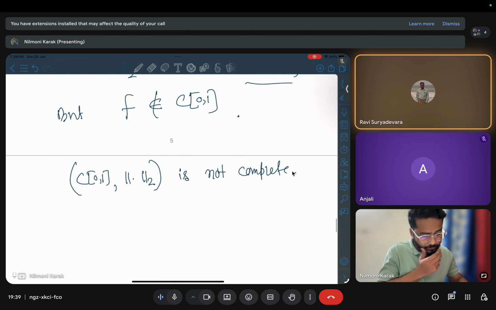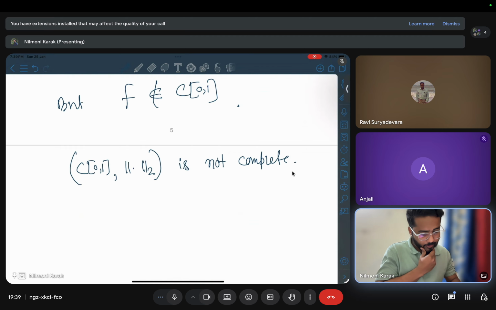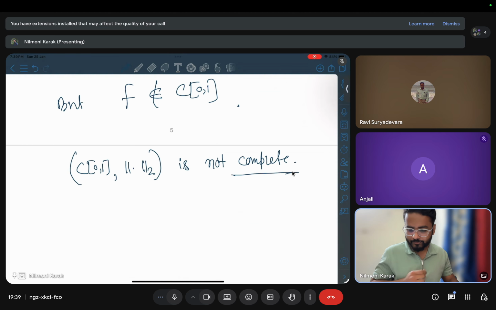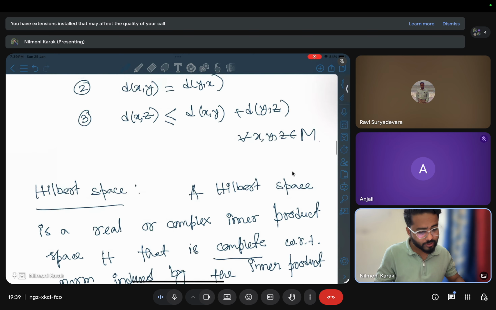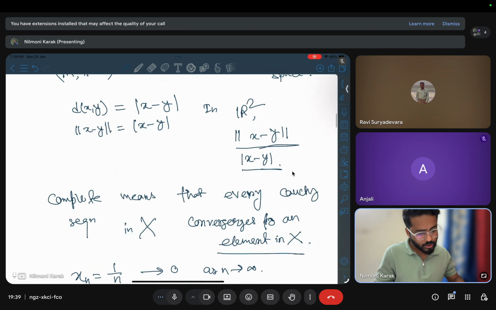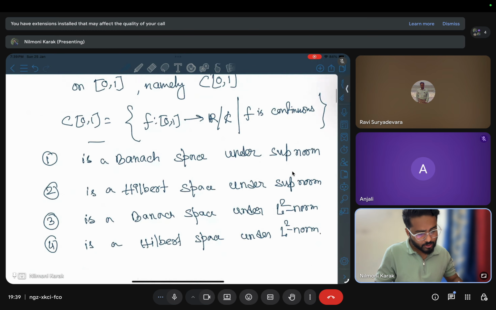So now, C01 with respect to the L2 norm is not complete. Also a first question, Anjali. This is the question from assignment 0 that we are discussing. C01 is the set of all continuous functions on [0,1].